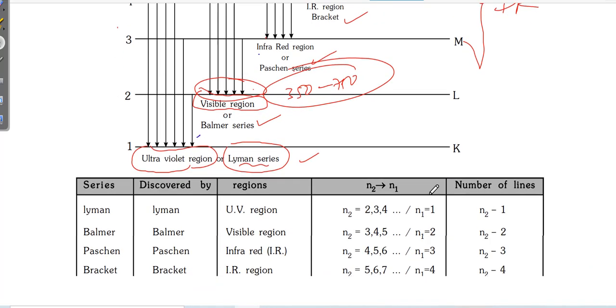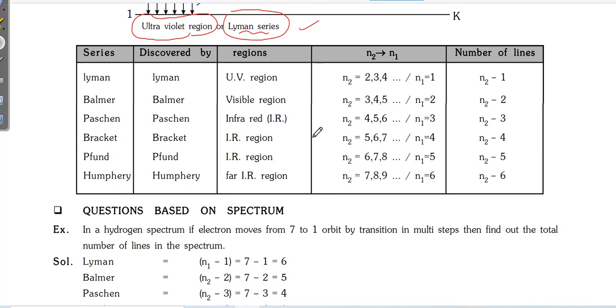Now you can see some more explanation here. In the Lyman series, observed in the UV region, the electron is jumping from different energy levels to the first energy level, meaning from 2 and above, 2, 3, 4, 5 and so on, to the first level. That is the Lyman series.